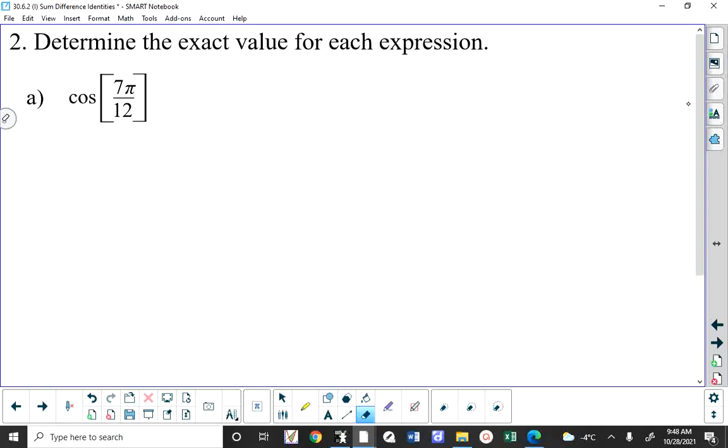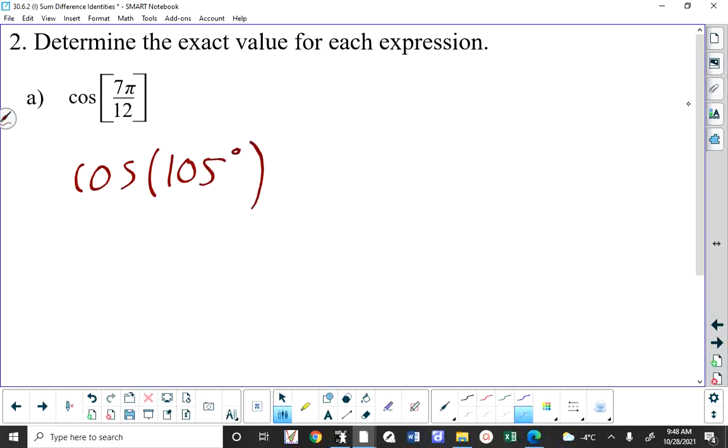So you need to figure out how many degrees 7 pi over 12 is. I would just take 7 times 180 divided by 12. I think I get 105. So I'm going under the assumption here that everybody knows this is 105 degrees. Well, that means we want to find the cosine of 105 degrees.